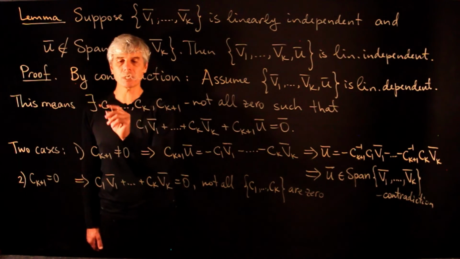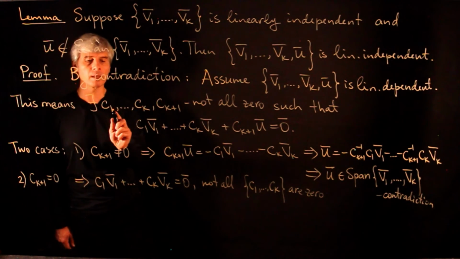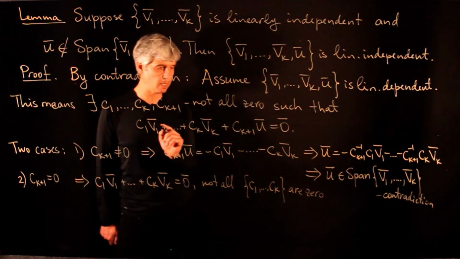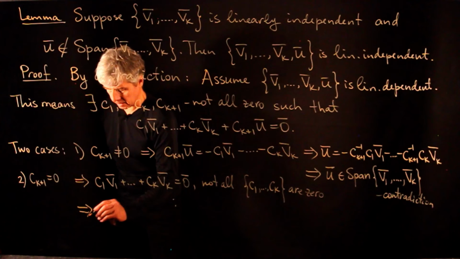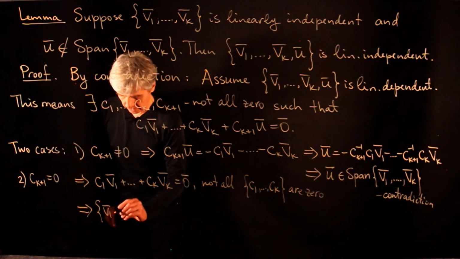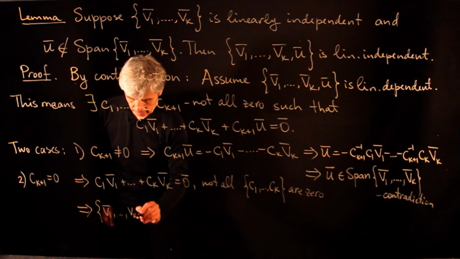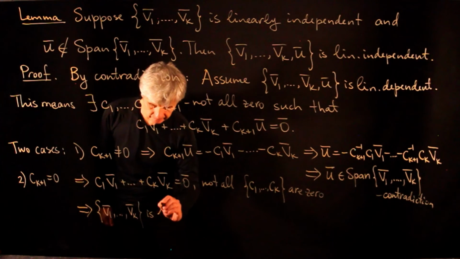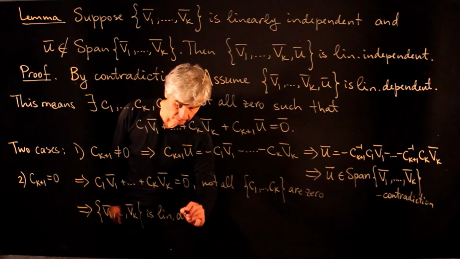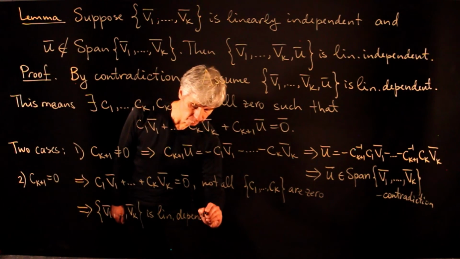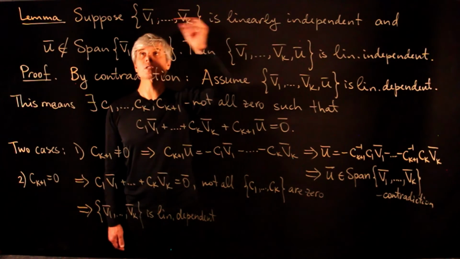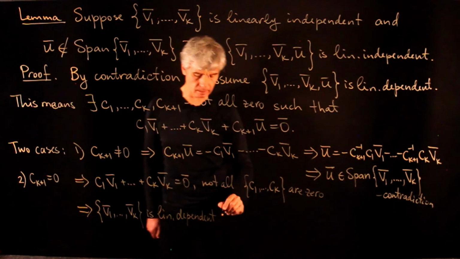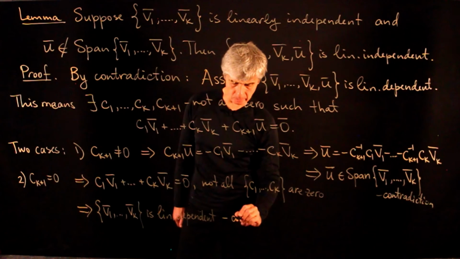So there exists a non-zero constant among c1 to ck. But then this says that the set v1 to vk is linearly dependent. And that's again a contradiction, because our assumption here is that this set is linearly independent. So this is a contradiction.